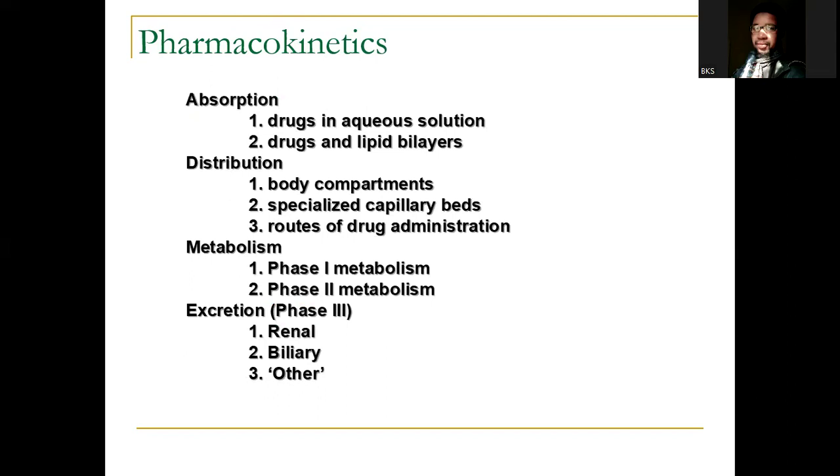So in pharmacokinetics, we say the pharmacokinetics deal with the effect of the body on the drug itself. And it includes absorption, distribution, metabolism, and excretion.